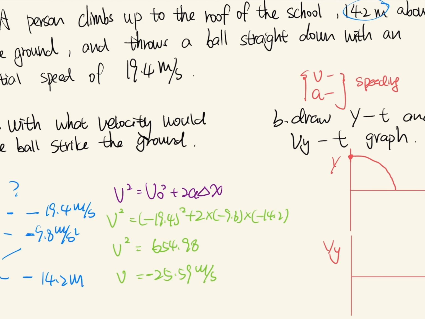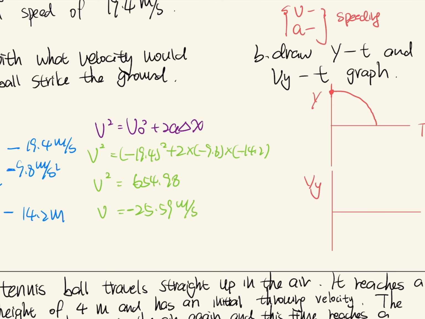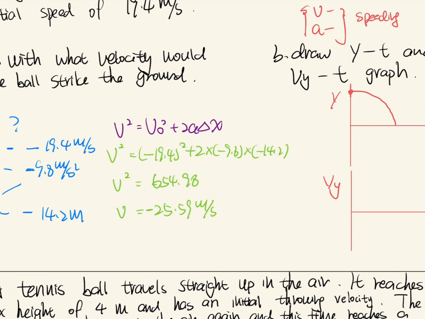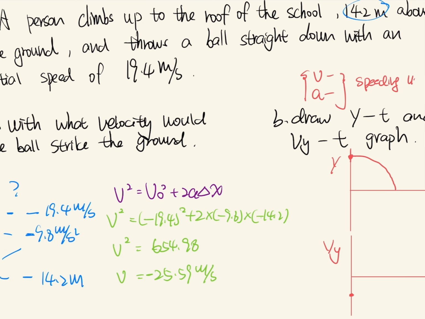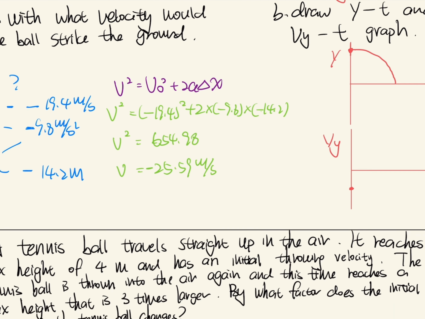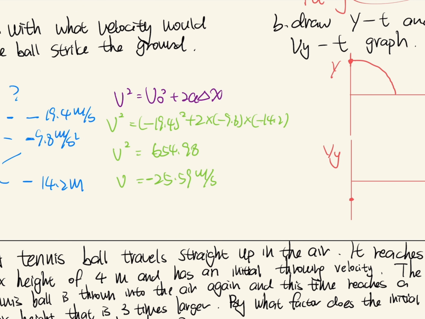Since the initial velocity is negative, we would know that the y-intercept is negative. So we can assume it's here, right? And again, speeding up, getting further from the x-axis. So it will look like this. And by the way, the acceleration is constant, so it will be a constant slope.